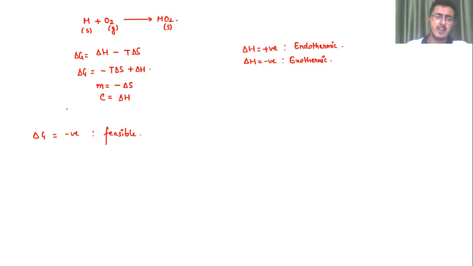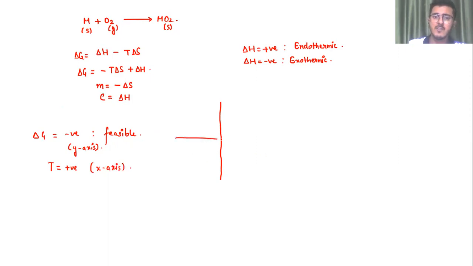Inside your Ellingham diagram, delta G is represented over the y-axis, whereas temperature is represented over the x-axis, and temperature will always be positive.